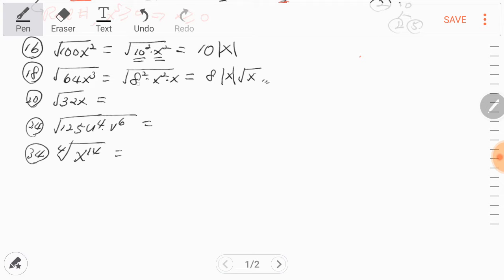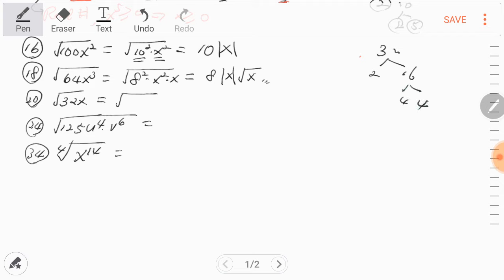Okay, 32 is what? 16 times 2, right? 16 times 2. If you are not sure, then you can just separate it using the smallest number, 2 times 16, and 16 is what? 4 times 4.